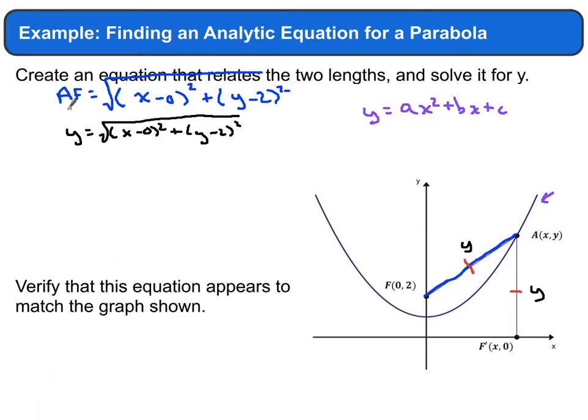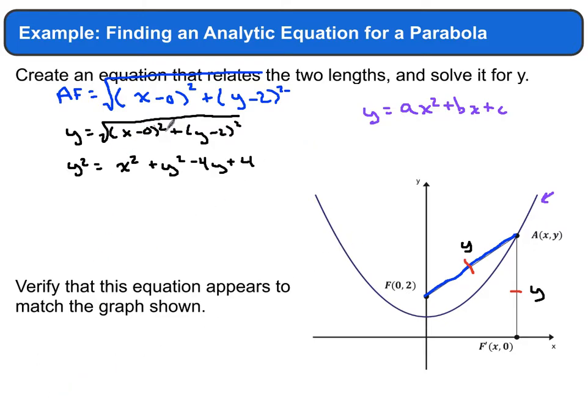So to do that, we're going to square both sides. So now we get y squared equals x minus 0 squared, which is x squared. And if we were to take this y minus 2 and multiply it out and square it, we would end up with y squared minus 4y plus 4. So we're almost to our target goal.